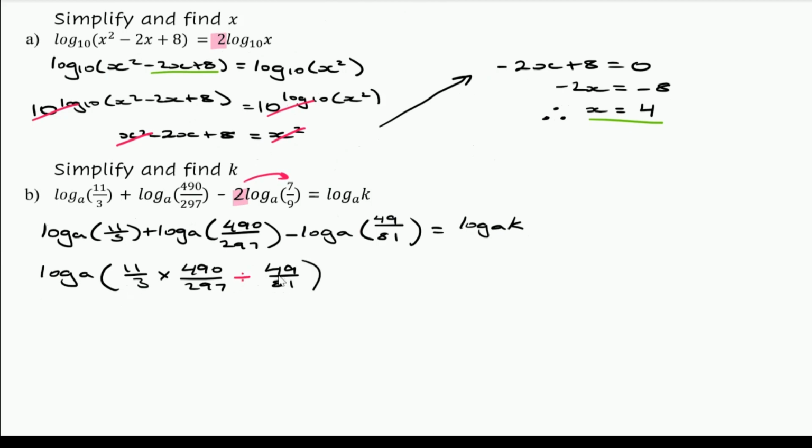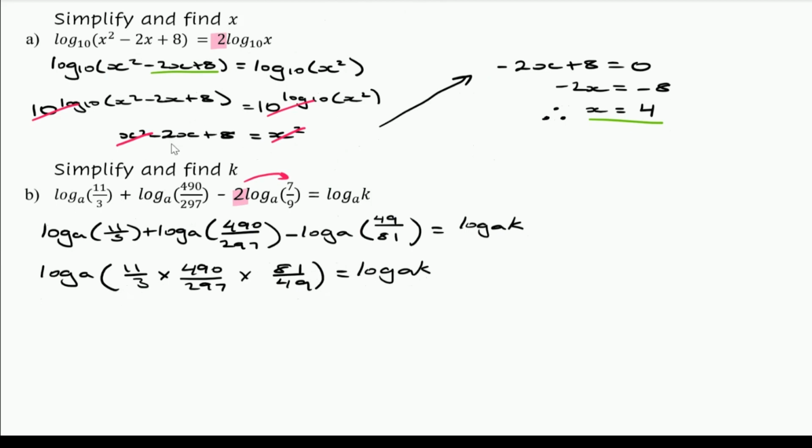But of course I've got dividing by fractions, so if I flip these two around and change this into a times sign, I can put these all in terms of just multiplication. So times by 81 over 49, and this is going to be equal to log a of k.